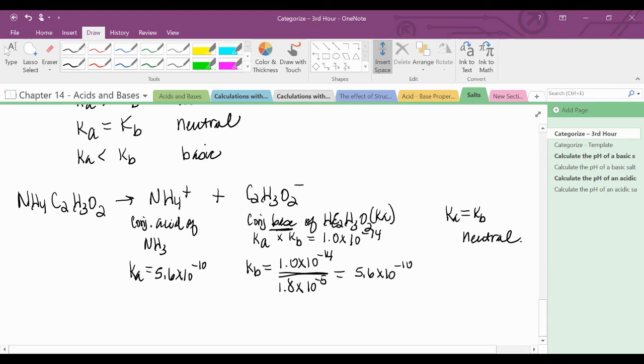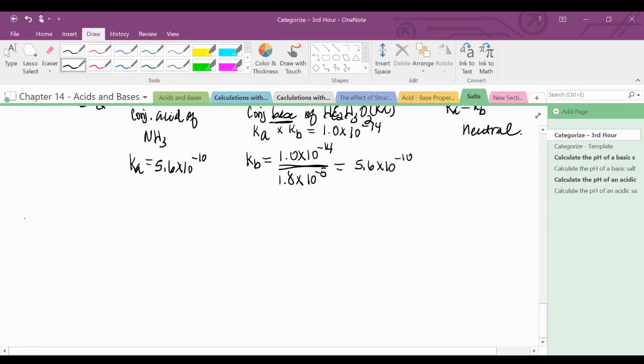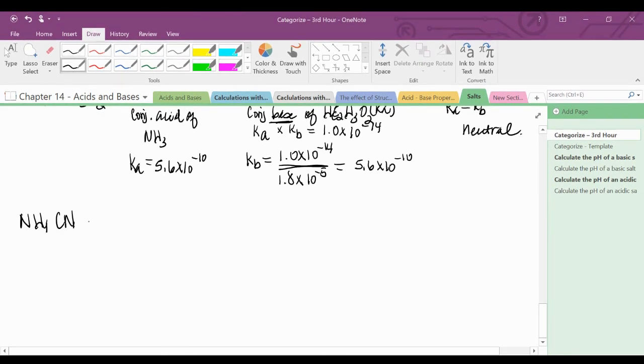Okay, so that's scenario 1. Let's look at scenario number 2. So in scenario number 2, my salt is ammonium cyanide. And so again, we dissociate and we get the ammonium ion and we get the cyanide ion.